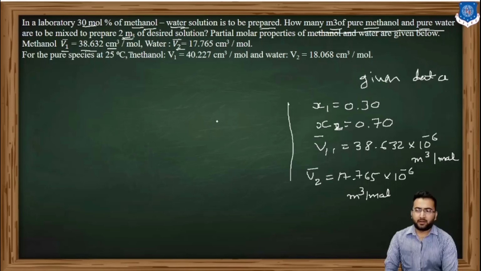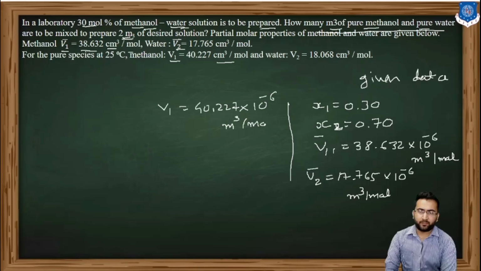Then the other data given is the molar volume. Molar volume V1 is equal to 40.227 centimeter cube per mole. Converting to meter cube, we multiply with 10 raised to minus 6, so it becomes 40.227 multiplied by 10 raised to minus 6 meter cube per mole.